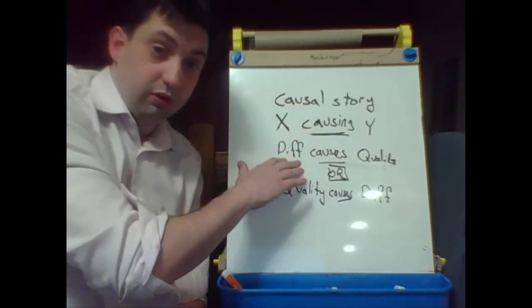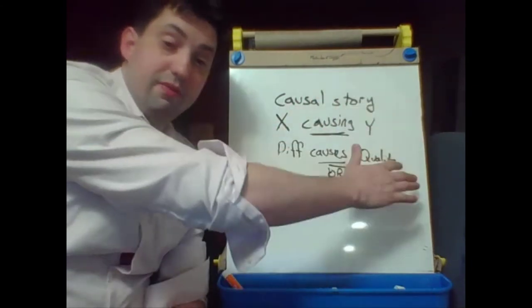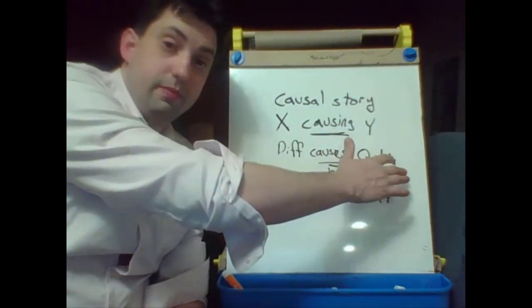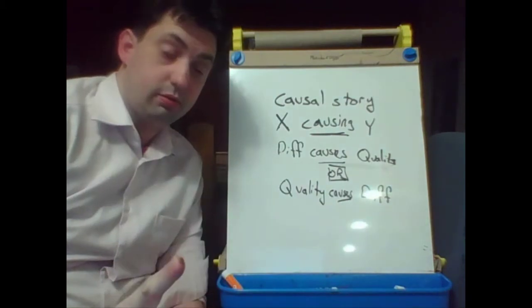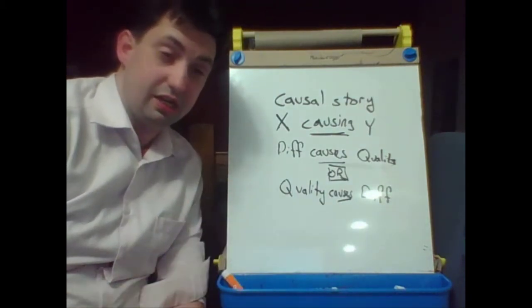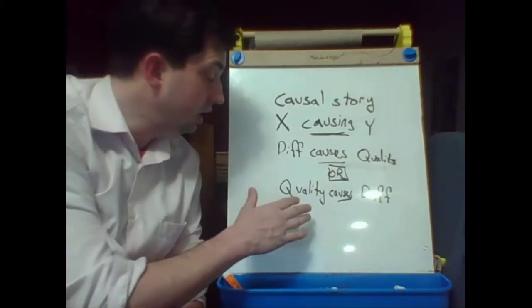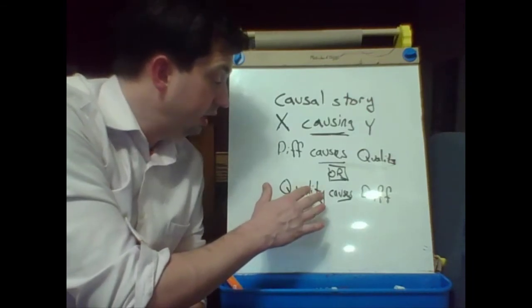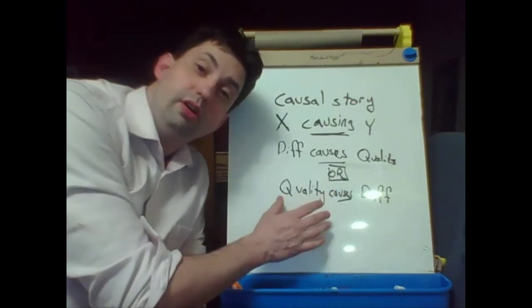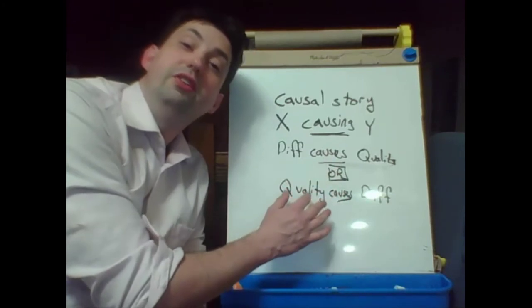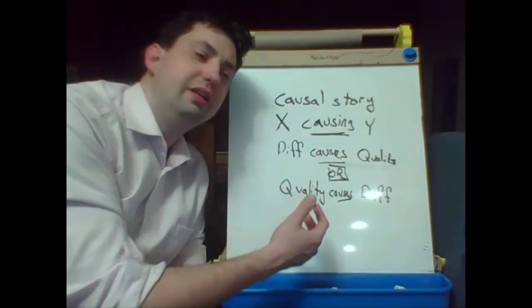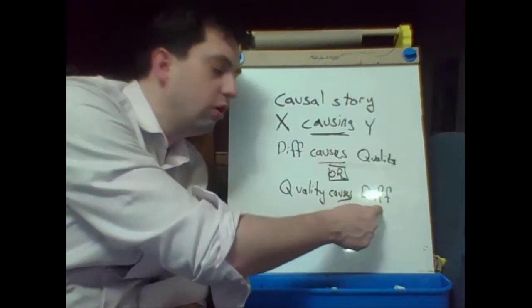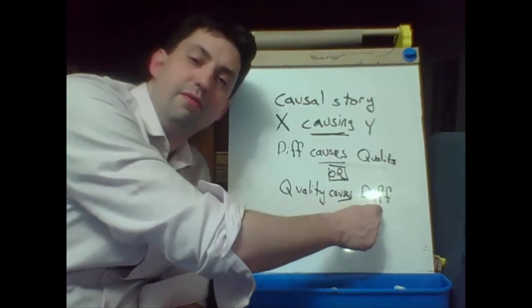So the previous story was, if you make the class easy, people like the professor and they'll give them high quality. But what if the story instead is that if you're very good at teaching, the class seems easy, the material seems easy, and as a result, people think the professor is not very hard.